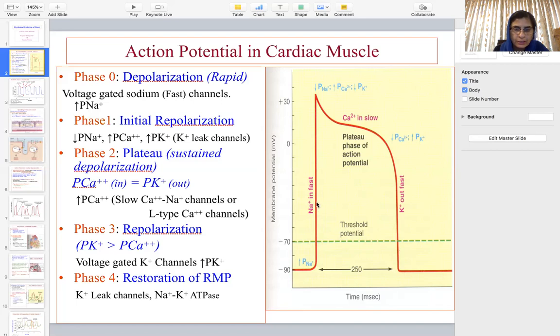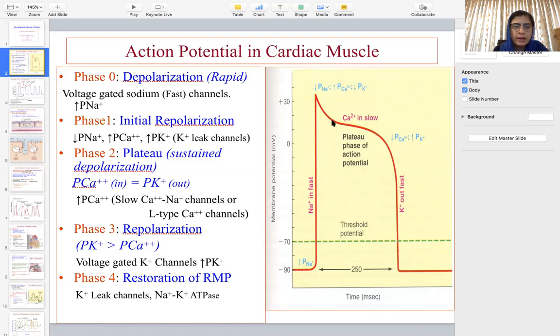The phase 0, which is the depolarization phase, is due to the opening of the fast voltage gated sodium channels, which causes influx of the sodium ion. And when it reaches the voltage 30, these fast sodium channels will close, and the potassium channels open, which causes efflux of the potassium ion and the initial repolarization, which is phase 1.